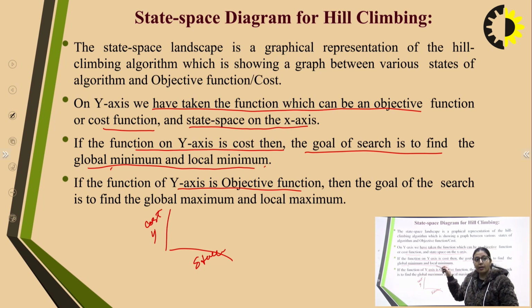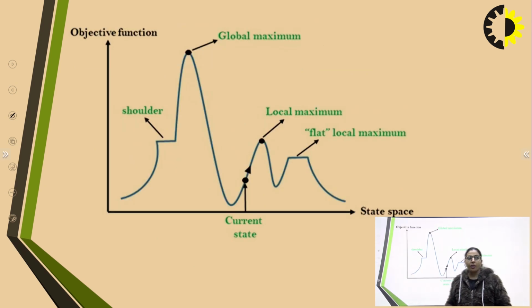When the y-axis contains the objective function, then we need to find the global maximum and local maximum, because the objective function varies according to the solution. So here the y-axis represents the objective function and the x-axis represents the states.